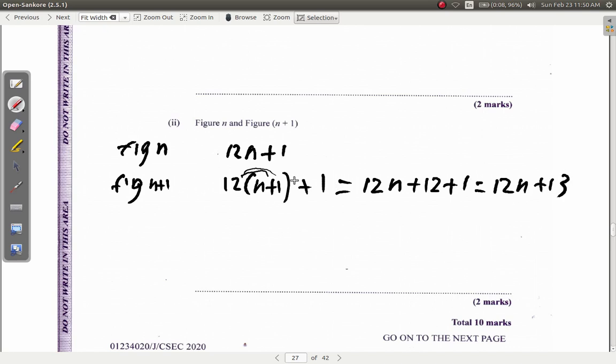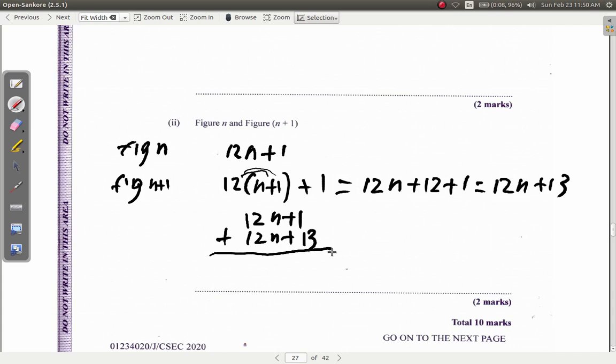So what's the total number of dots? It will be 12n plus 1, this, the number of dots in figure n, plus the number of dots in figure n plus 1, which is 12n plus 13. Alright?